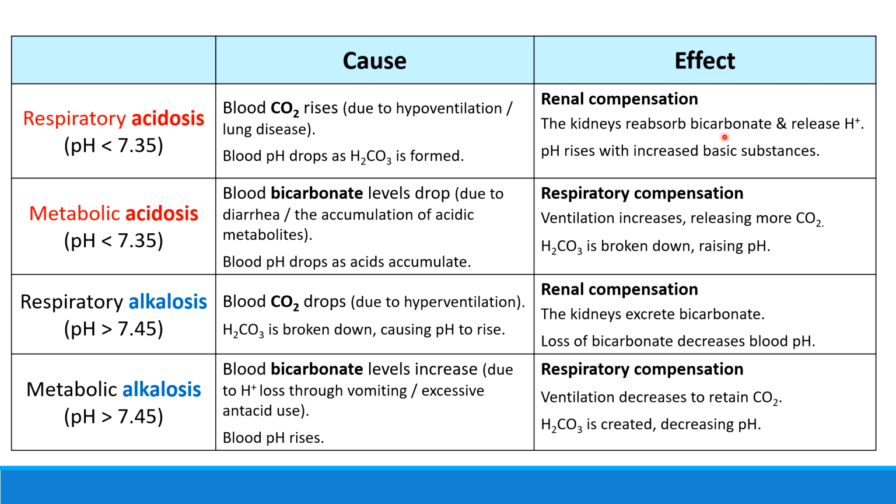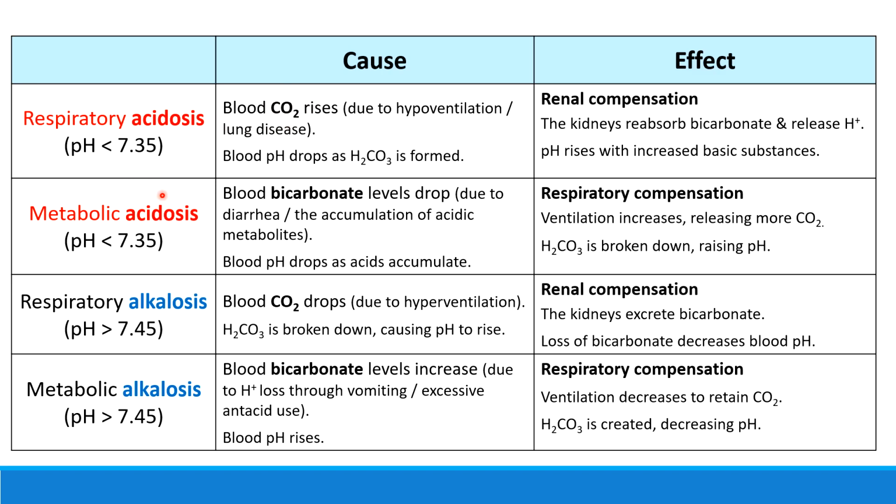So as the kidneys reabsorb and make more bicarbonate, and as they release more of those hydrogen ions that come from that process, this helps the pH to increase because we have more basic substances. So in respiratory acidosis, my tip-off is going to be that carbon dioxide level being high.